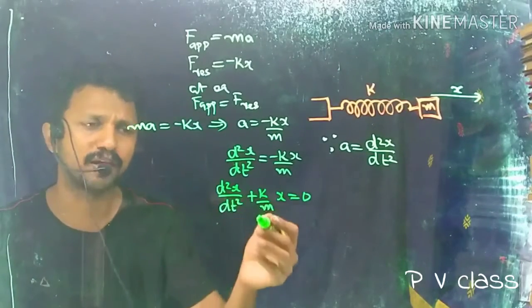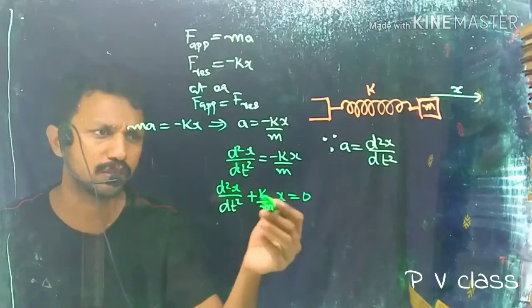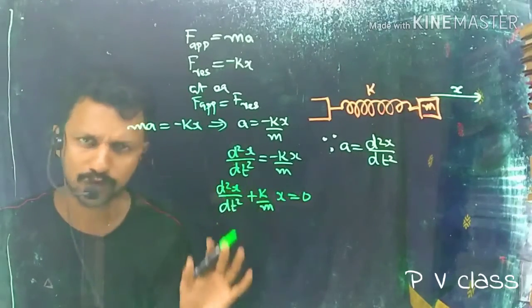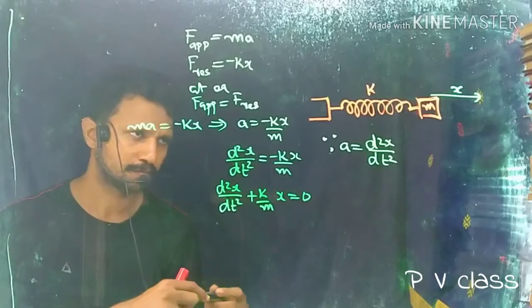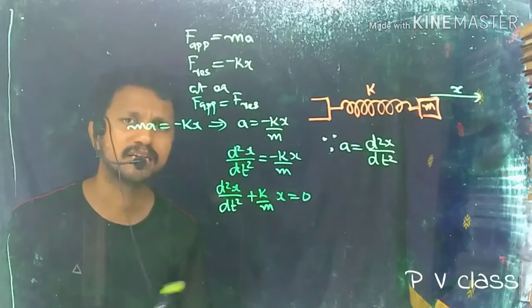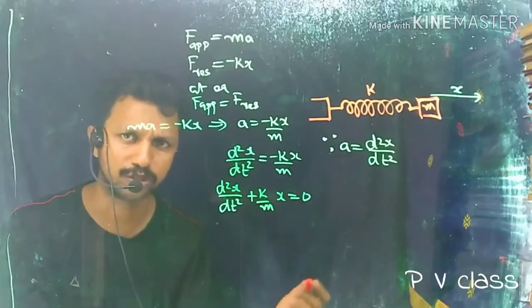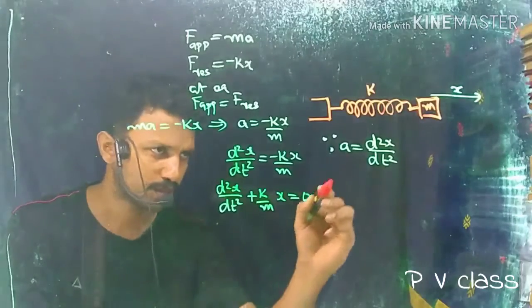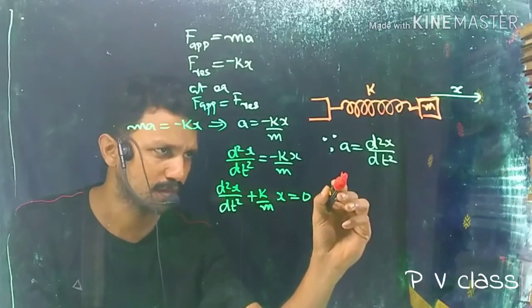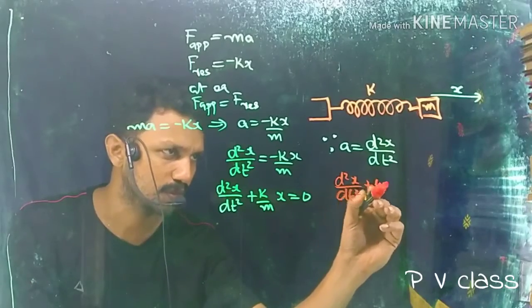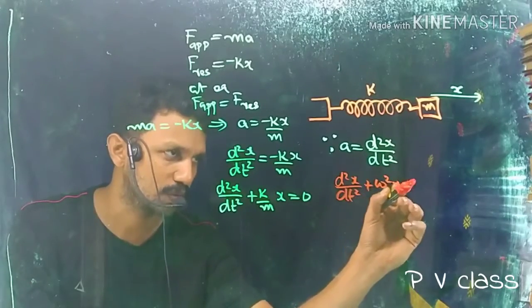Now we have a second order differential equation. We have studied the standard equation for SHM, called the second order differential equation of SHM, and you might have learned d square x by dt square plus omega square x is equal to 0.